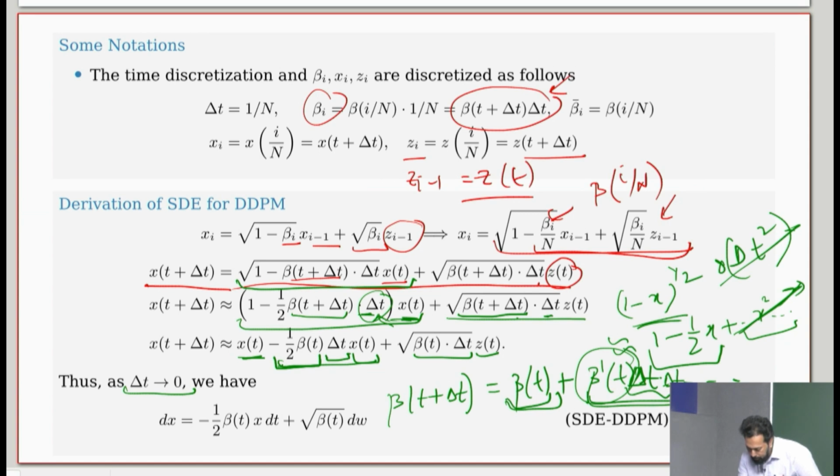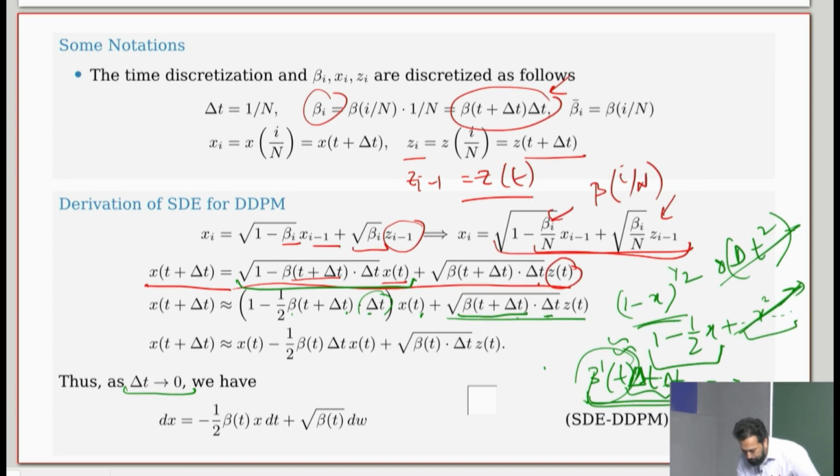Now we want to go from here to the continuous case. So we move this guy there and divide by delta t throughout, and then we should get this.